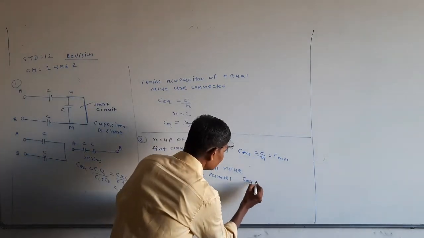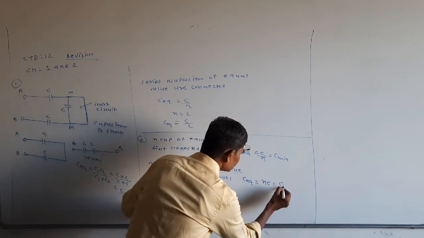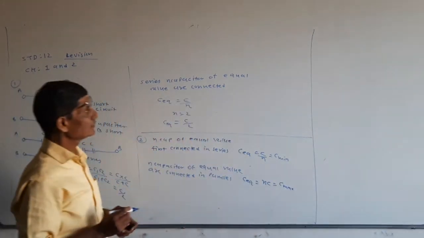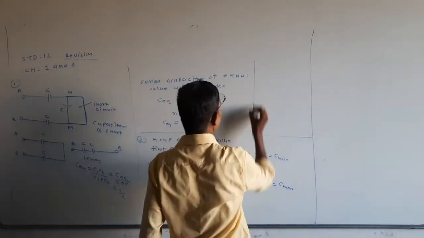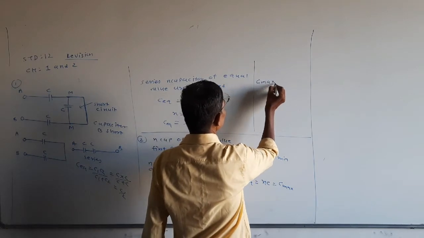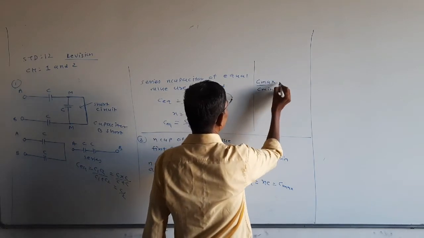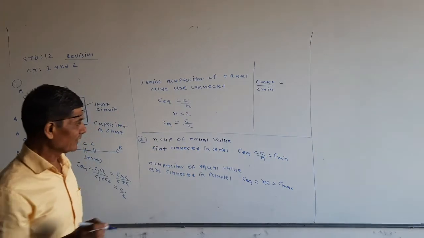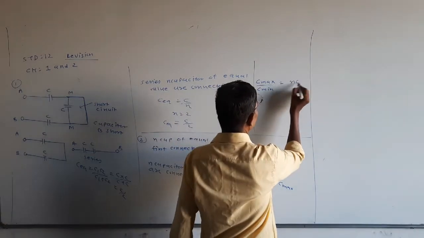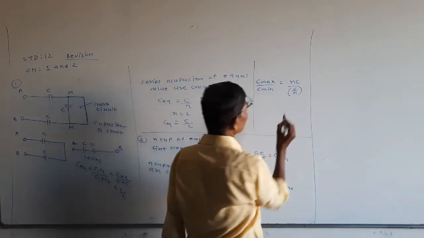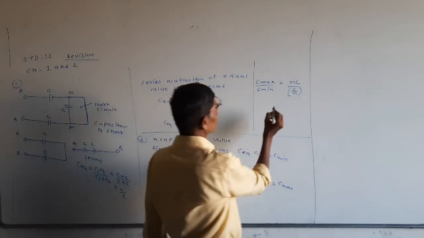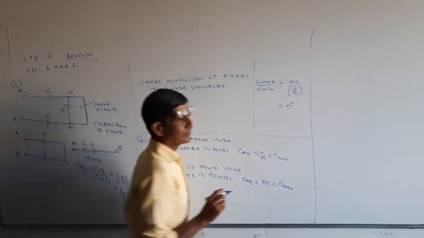So C equivalent will be nC, which is C max. Suppose we have to find the maximum and minimum capacitance. C max we have obtained is nC. C minimum we have got is C by n. So C max upon C min will be n square.